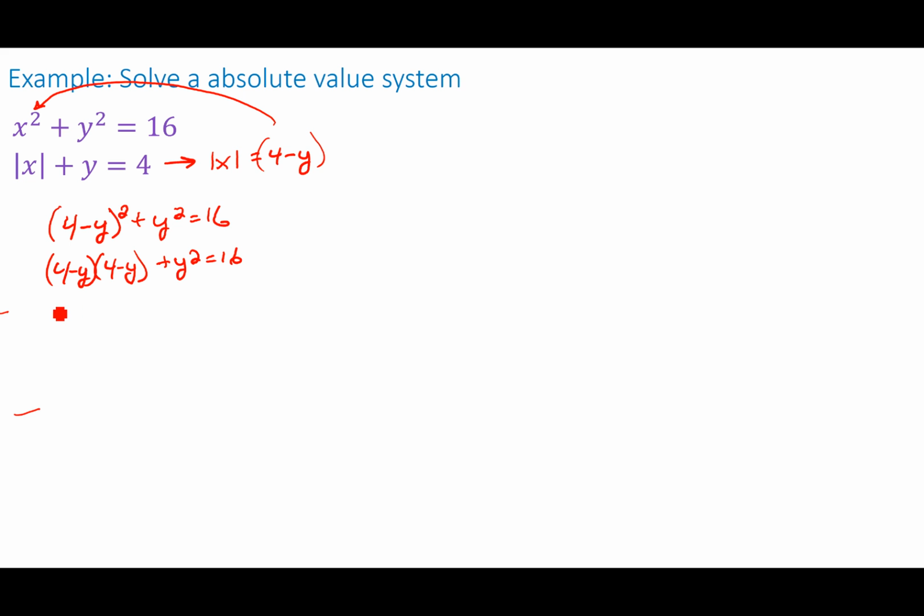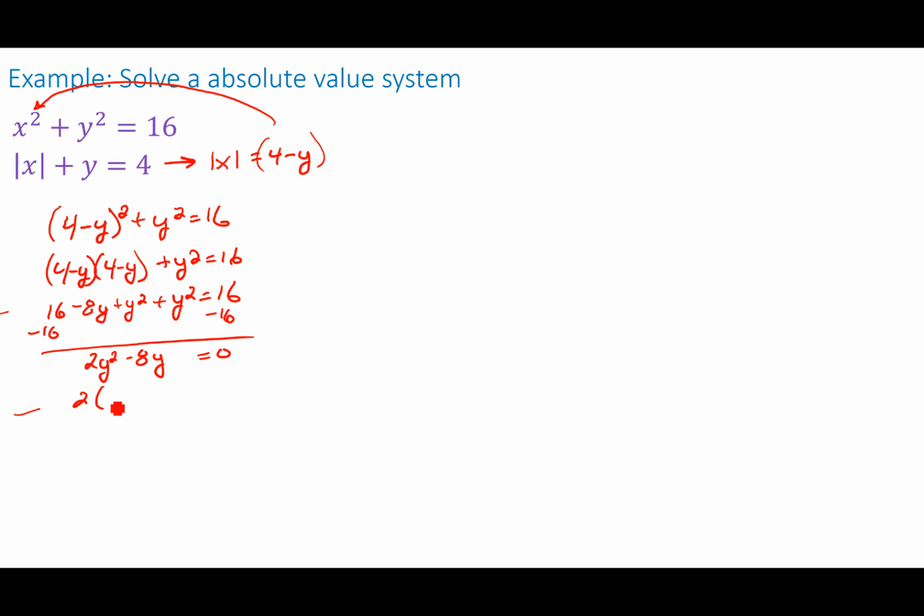So I have to FOIL, so this becomes 16 minus 8y plus y squared plus this additional y squared equals 16. Combining like terms, if I subtract 16 from both sides, I end up with 0. And I could combine these, so 2y squared minus 8y equals 0. Let's do a little factoring.